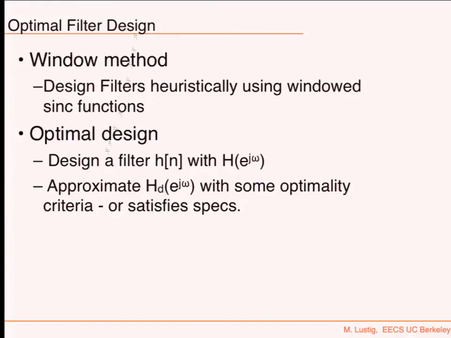And for those taking 127, when talking about optimization, that's a lot of the tools that you'll be using. In the case of optimal design, you want to find a filter h[n] with a certain frequency response such that it approximates the desired one with an optimality criterion that satisfies specs.